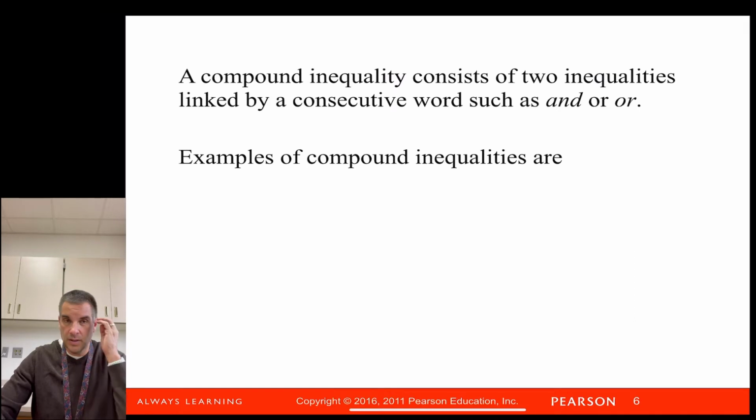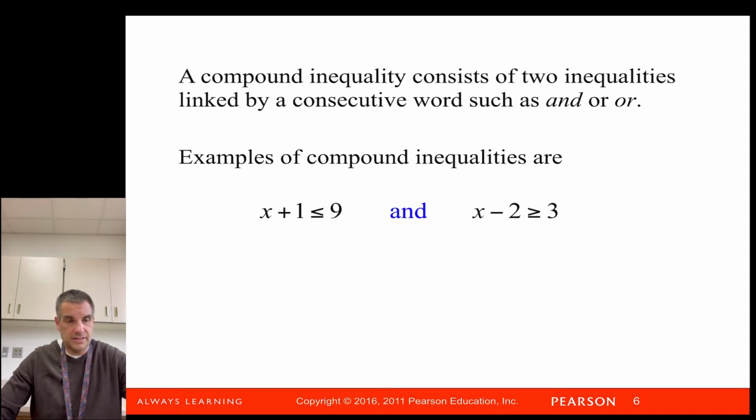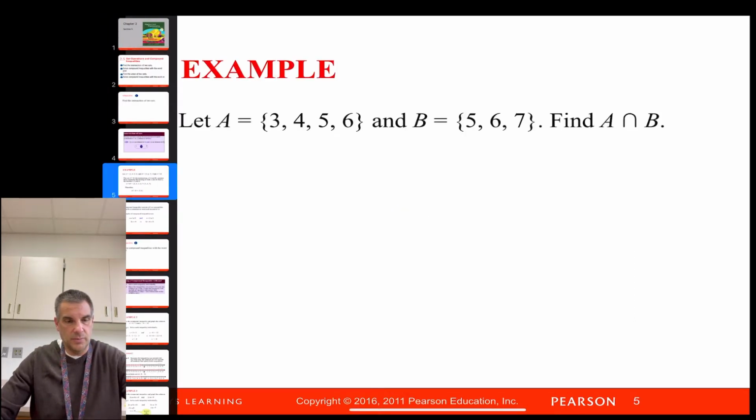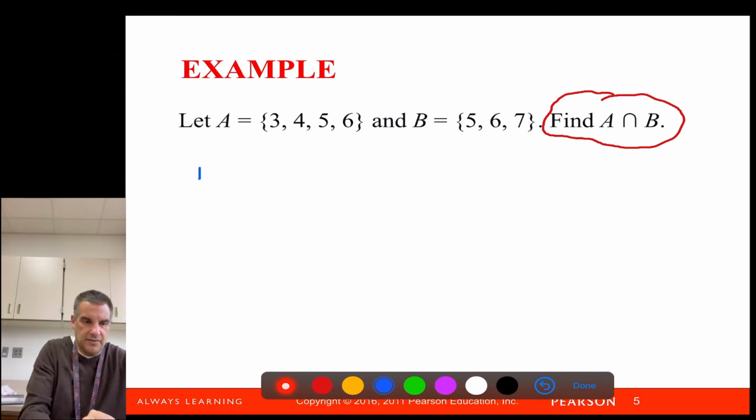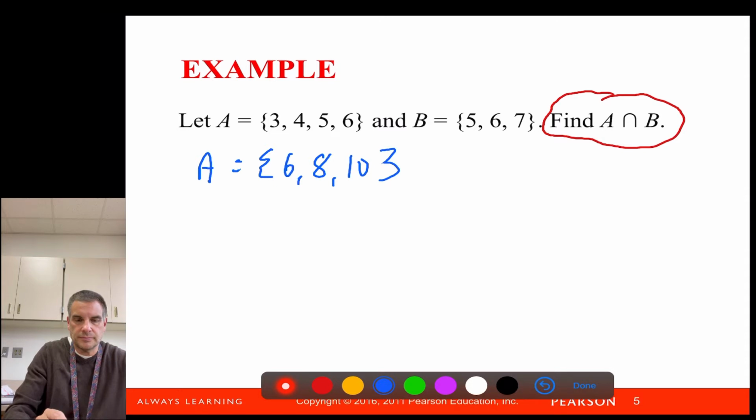Okay, so let's do maybe one more example. Let's say that A is equal to the set {6, 8, 10} and B is equal to the set {10, 14, 18}.